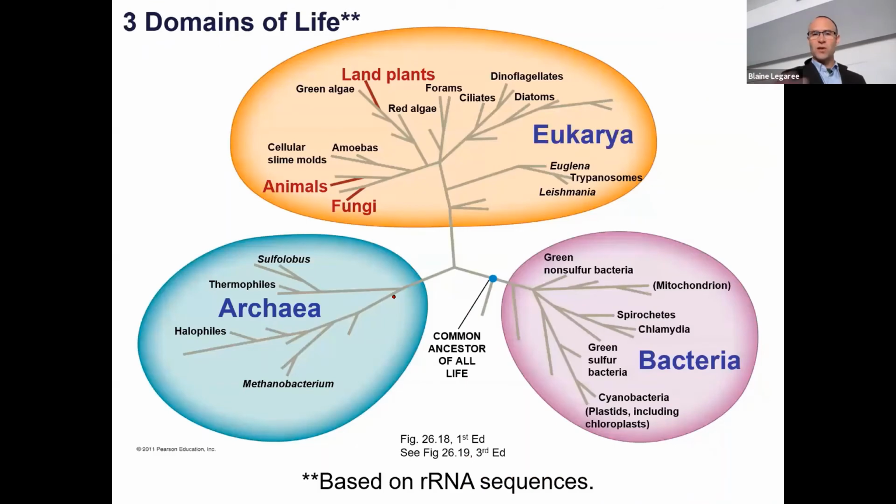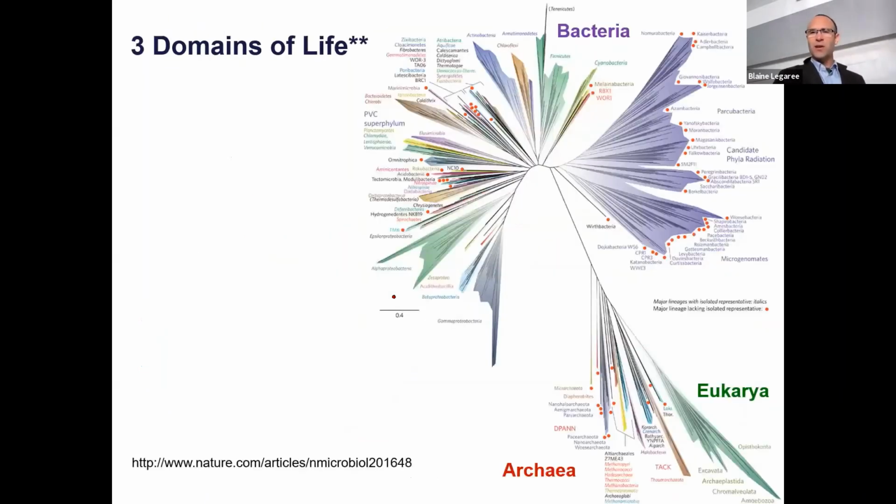So I showed you this nice little tree of life, or whatever you want to call it, phylogenetic relationships. And this is actually from an older version of the text. The newer version, I didn't like the picture quite as much. I also found this one here. You can see this is something that certain biologists are doing all the time. They're trying to see what these things are, how they're related, and this is something that scientists like to do.